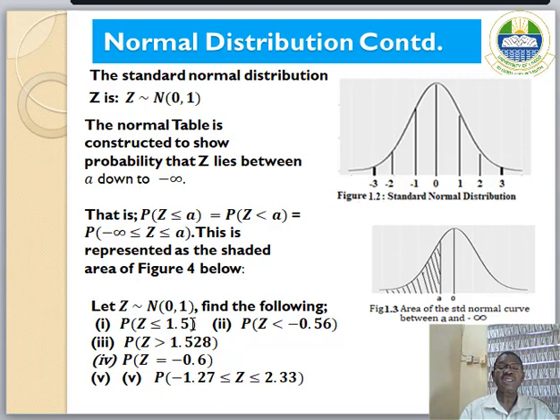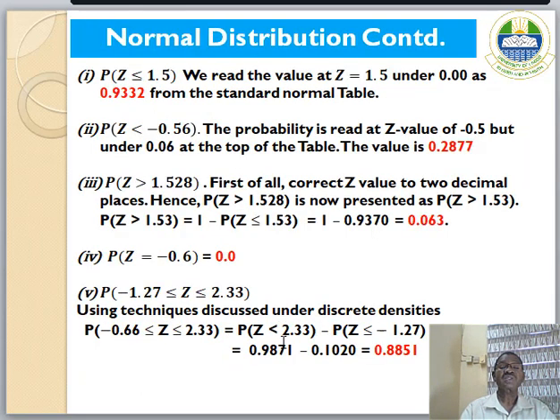The equality contained in the inequality doesn't matter at all. How do we find the probability that Z is less than 1.5 for a standard normal distribution? Please bring out the statistical tables and open the page for the standard normal distribution. I'll give you a few seconds to do that.